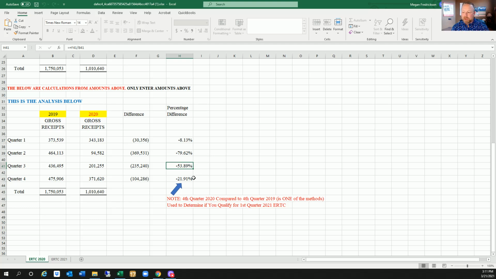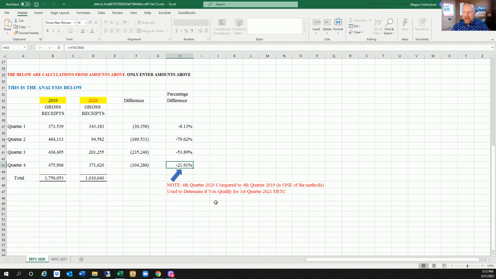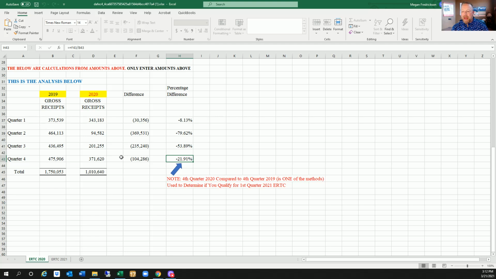This person didn't get above even the 80%, but that's one of the big differences with 2020 versus 2021: when you have a quarter that's down, then the next quarter is going to automatically qualify. Now, with 2020, it is, of course, that 50% as I was telling you about, and we have this circumstance here where they are down 21.91%. So again, hear me on this. In 2020, they qualify for these last 3 quarters.